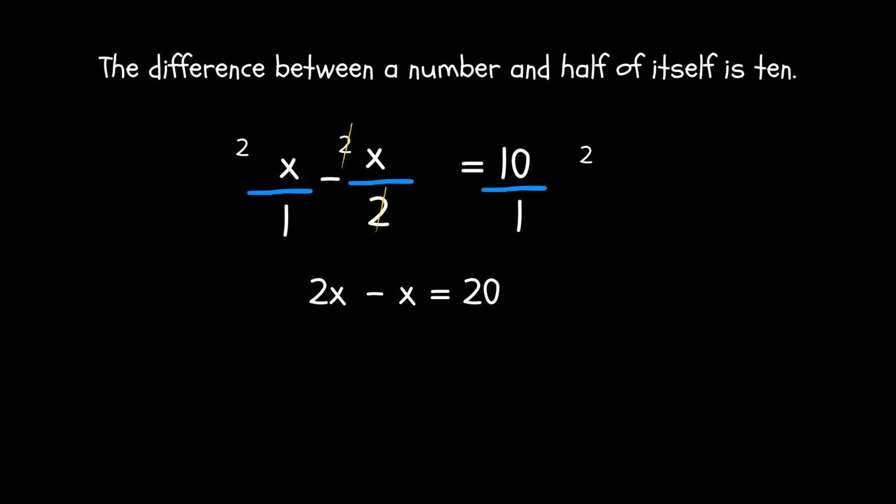So our new equation is 2x minus x equal 20. Now, here we have two like terms, 2x and negative x. So we will be subtracting before solving for the variable. So we will end up with x equal 20. So that's our final answer.